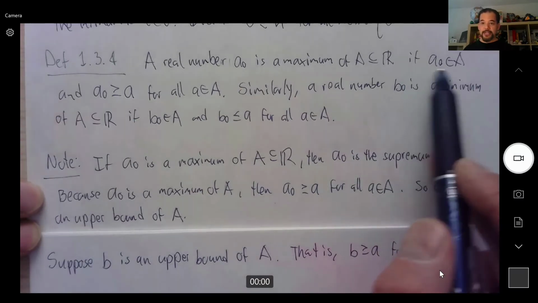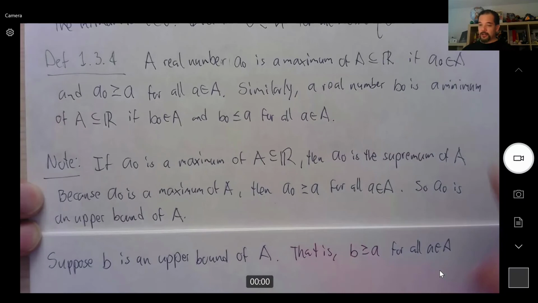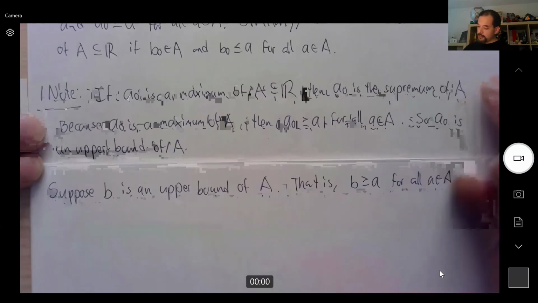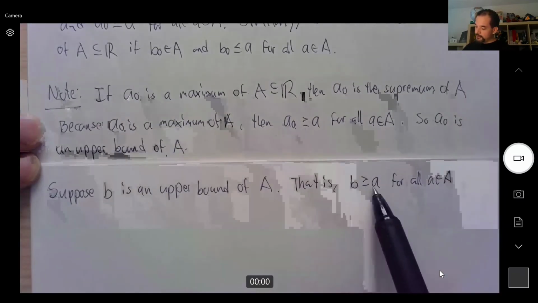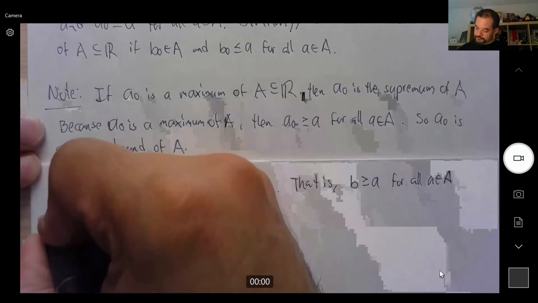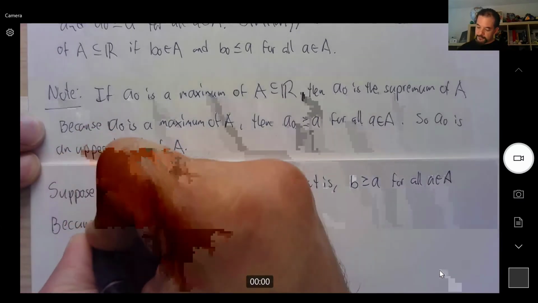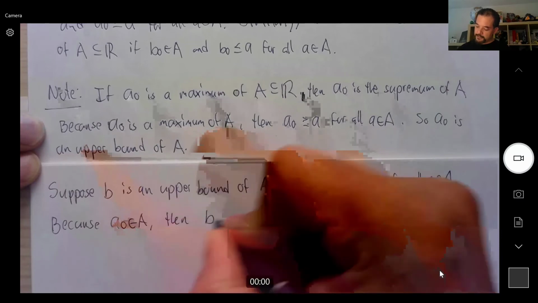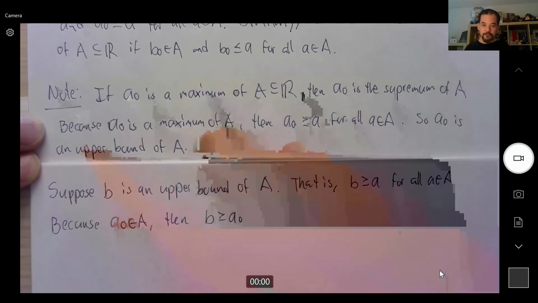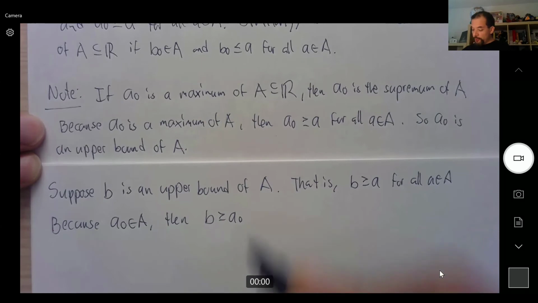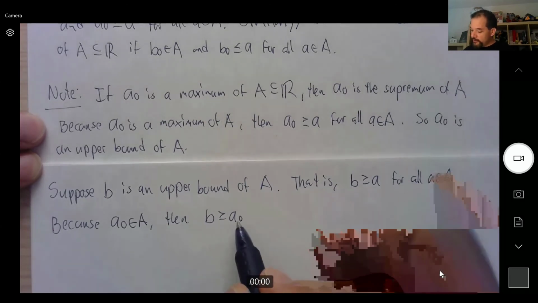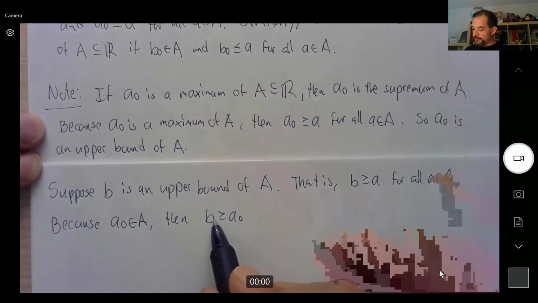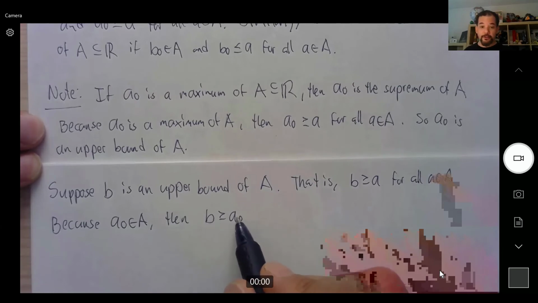A0 is in A. So because A0 is in A, we know that B is greater than or equal to A0. And that shows that A0 is smaller than this other upper bound, which means A0 is the least of the upper bounds.